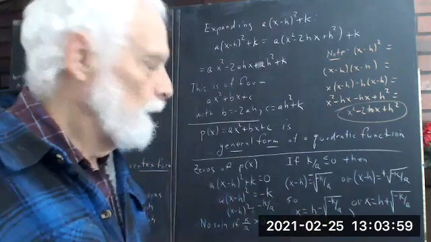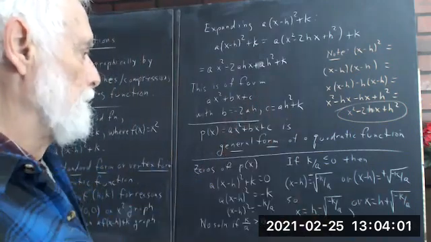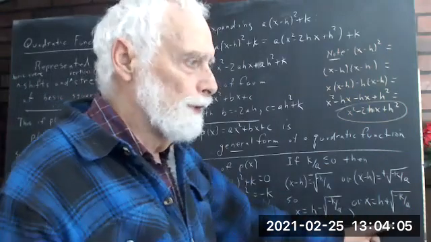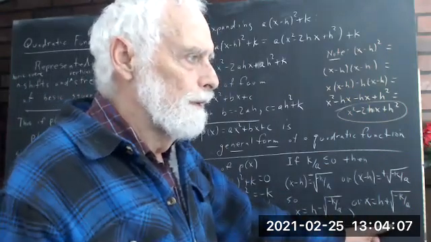So we have two solutions, unless k over a is 0, in which case both of these solutions are identical.